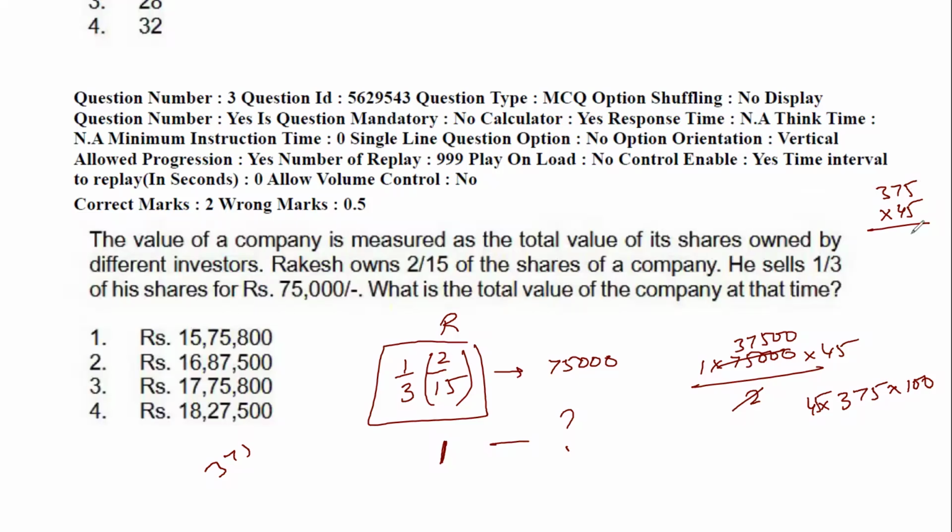So we have 5 5s are 25, 5 7s are 35, 37, 5 3s are 15 and 18, 0. 4 5s are 20, 4 7s are 28, 30, 4 3s are 12, 15. So you get 5, 7, 8, 6, 1, and then 2 zeros. So B is the answer.